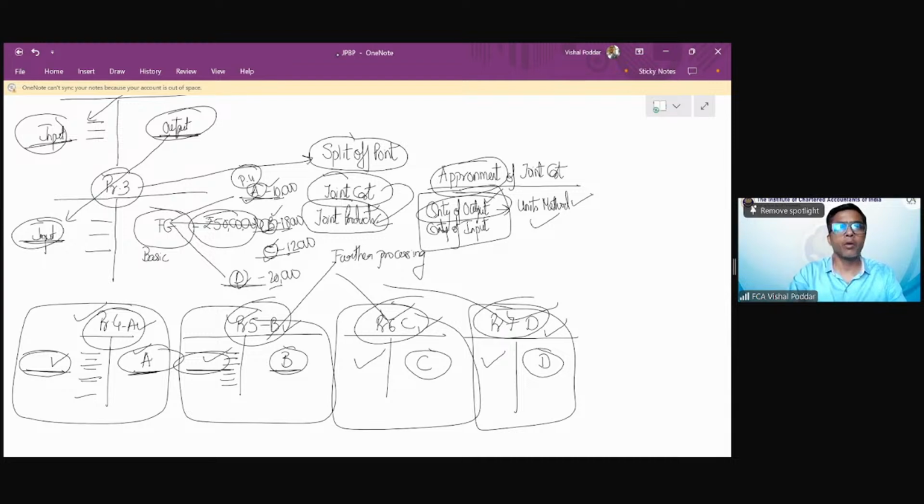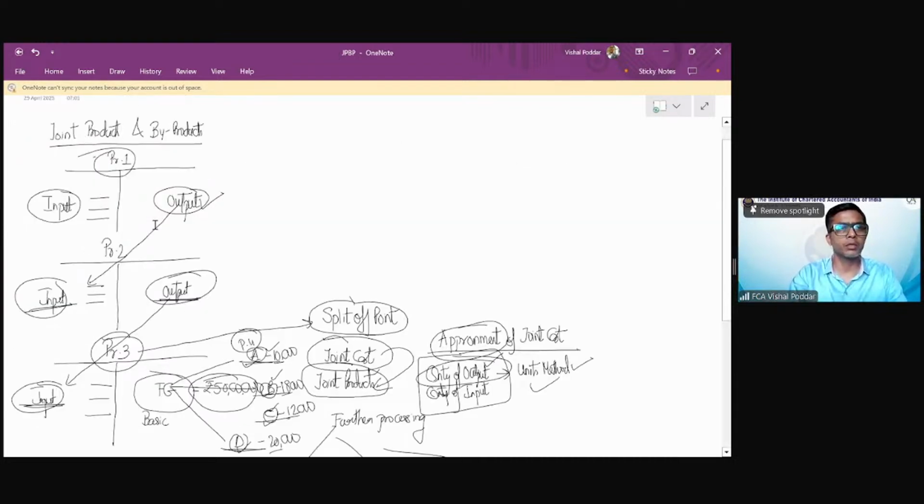Correct? Now I'll give you another real life example. The first real life example I gave is of potato chips. Now the second example is of crude oil, from which we get petrol, diesel, kerosene, etc. So now my input is the crude oil. Who is this businessman? Who is this company? It is the oil refineries, Indian Oil, Bharat Petroleum, Reliance.